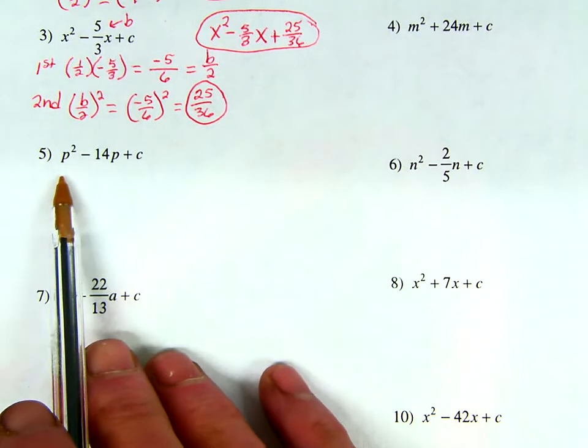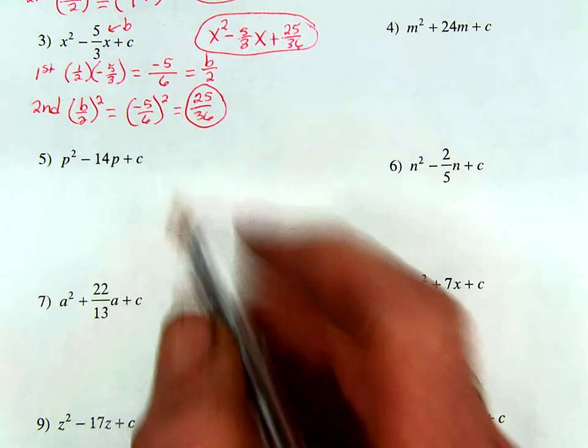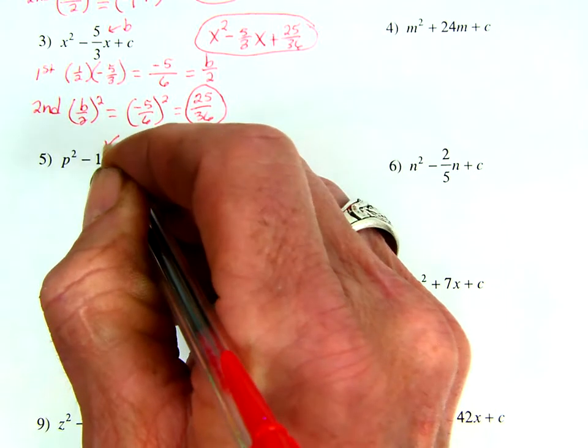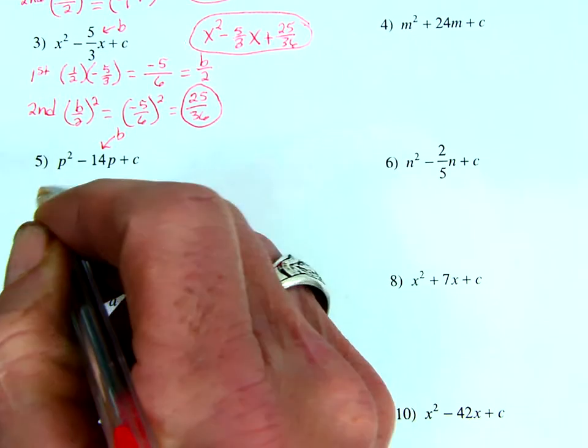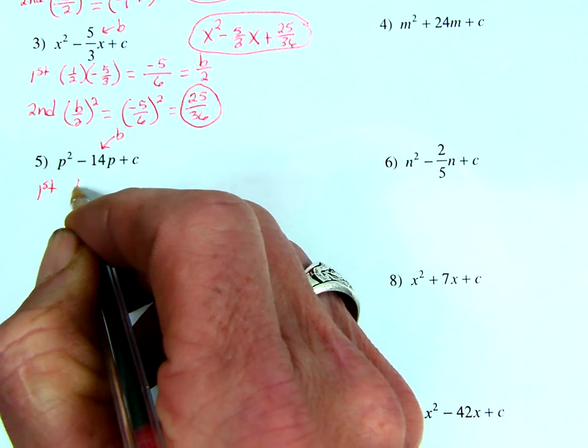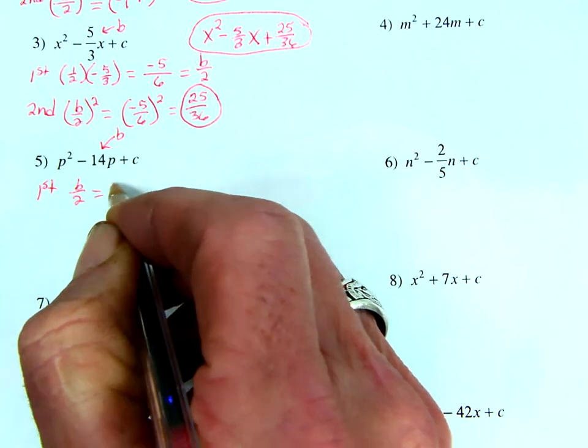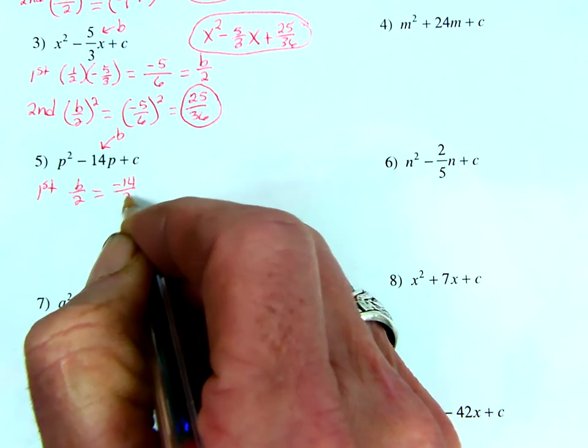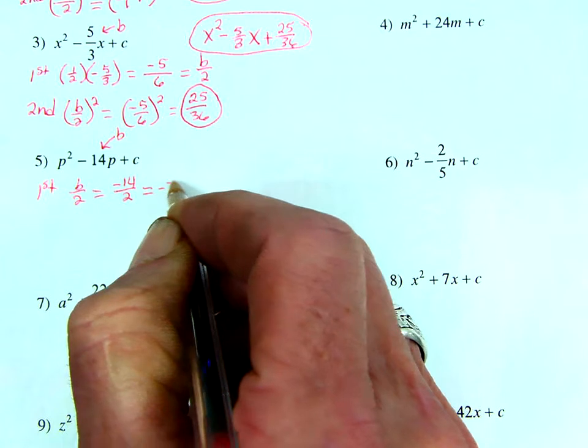Number 5. Here's my b. It's negative 14. So the first step is b over 2 equals negative 14 divided by 2 equals negative 7.